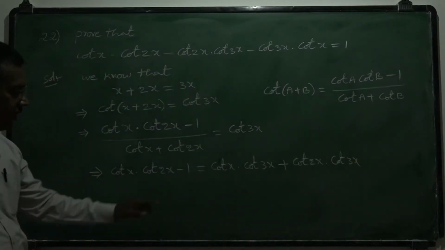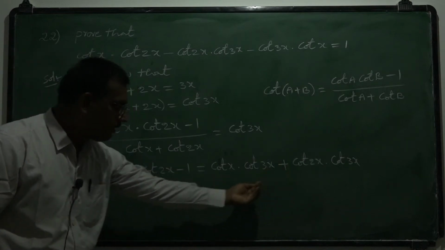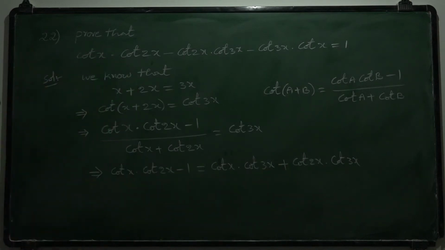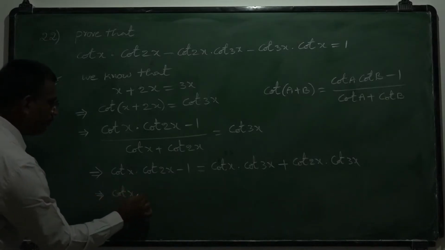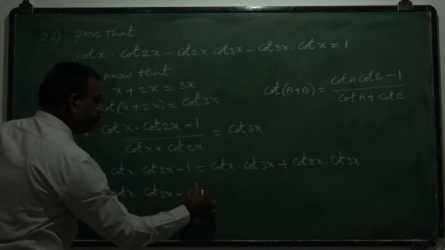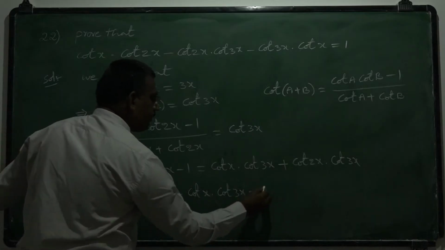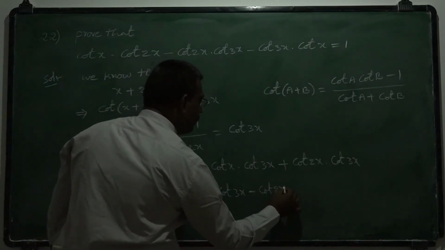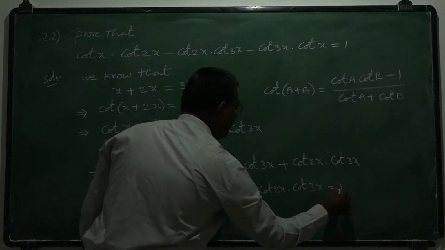Now transpose minus 1 to the right hand side and these two terms transpose to the left hand side. That implies cot x into cot 2x minus cot x into cot 3x minus cot 2x into cot 3x is equal to 1.